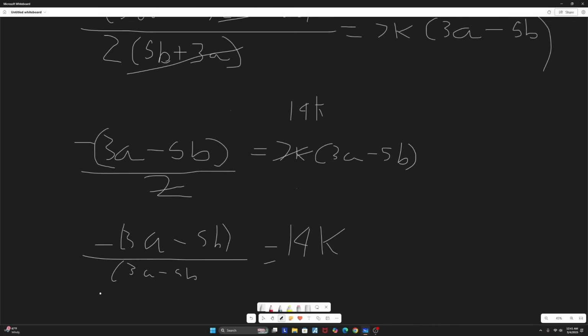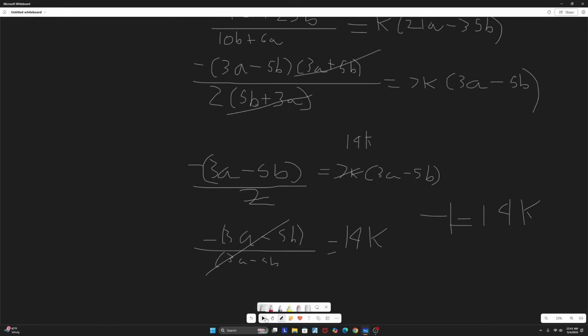So if you cancel these out, you're just left with negative 1 because a negative is going to apply. Negative 1 equals 14k, and then you're just going to divide by 14 to isolate for k, and you get your solution. Negative 1 over 14 is k.